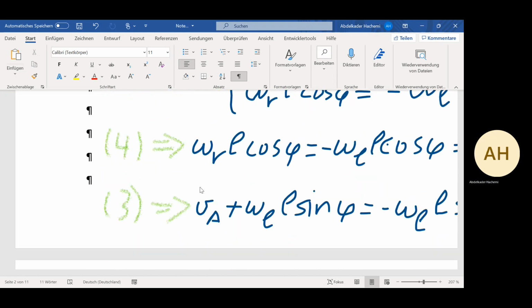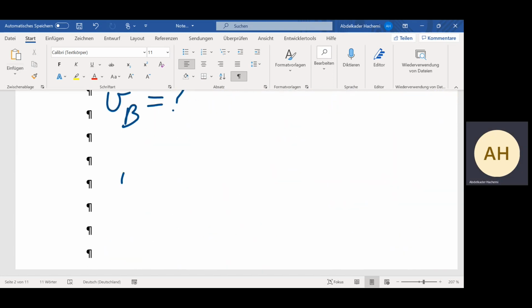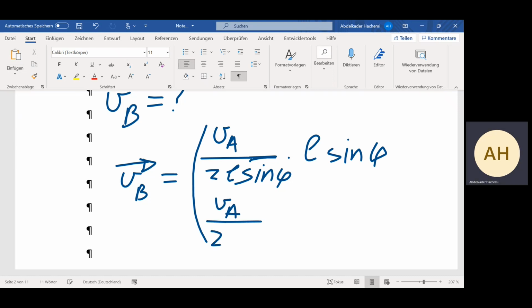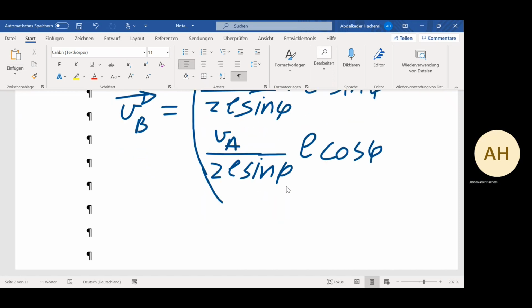Then if we take the second one, we have VB equal to VA divided by 2L, which corresponds to omega L, 2L sine phi, multiplied by L sine phi, and you have BA in y direction L sine phi, L cosine phi, and in z direction it's 0.